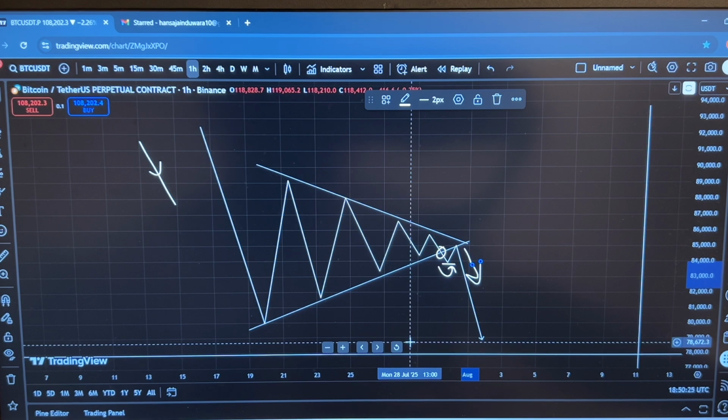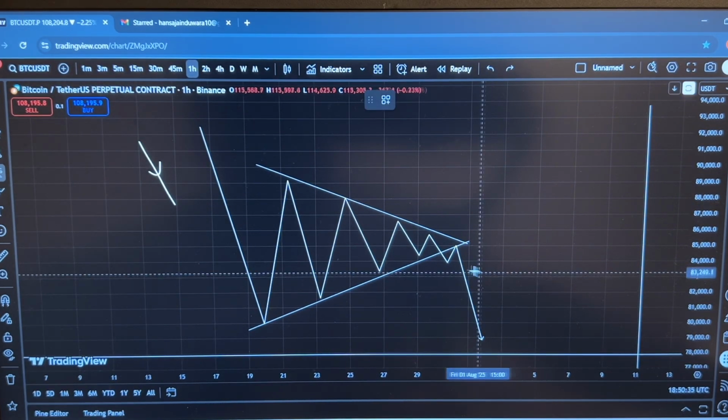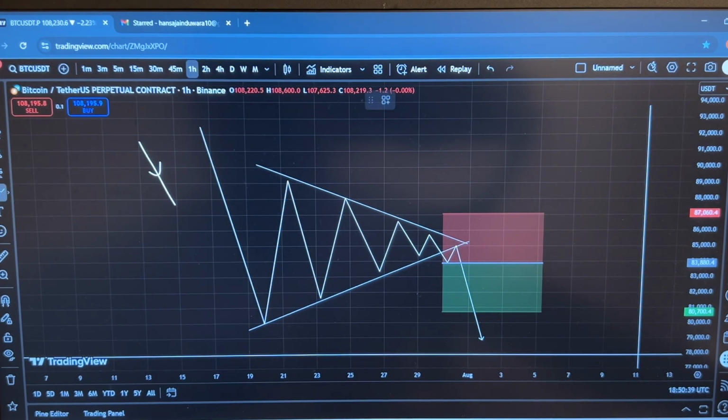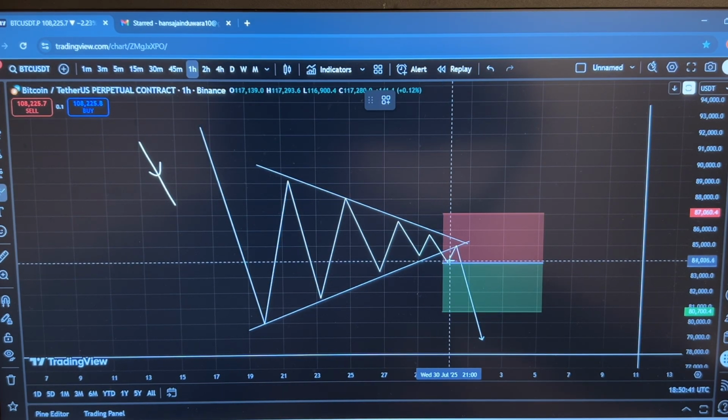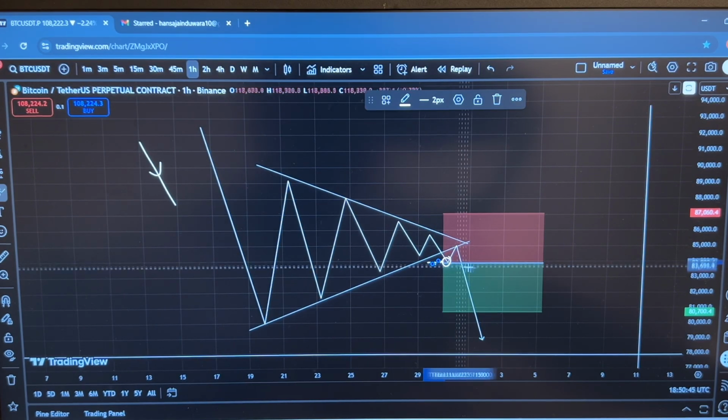Now I will show you where to put the TPs, where to put the stop loss, and where to put your entry. So this is going to be a short position, and we put our entry at this level.